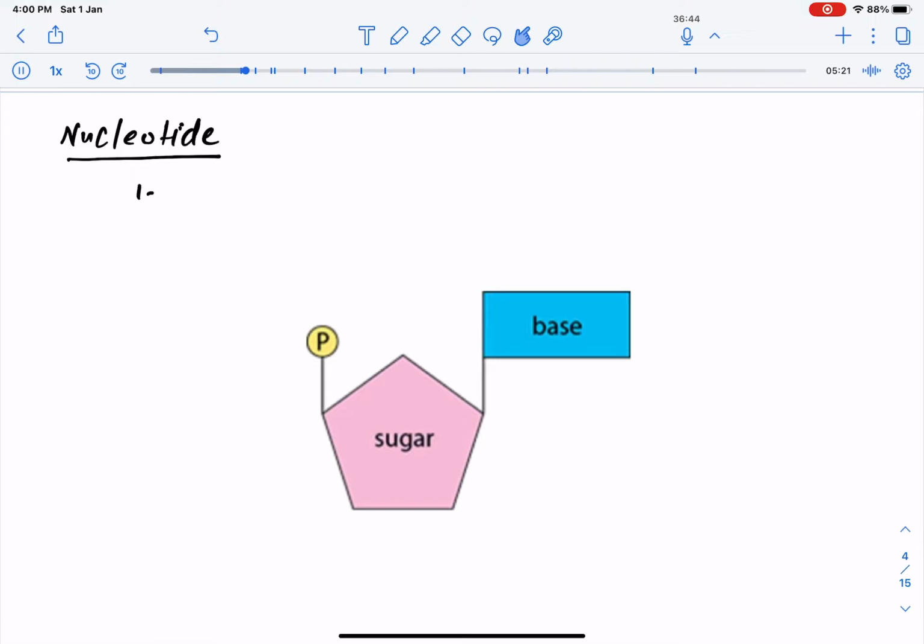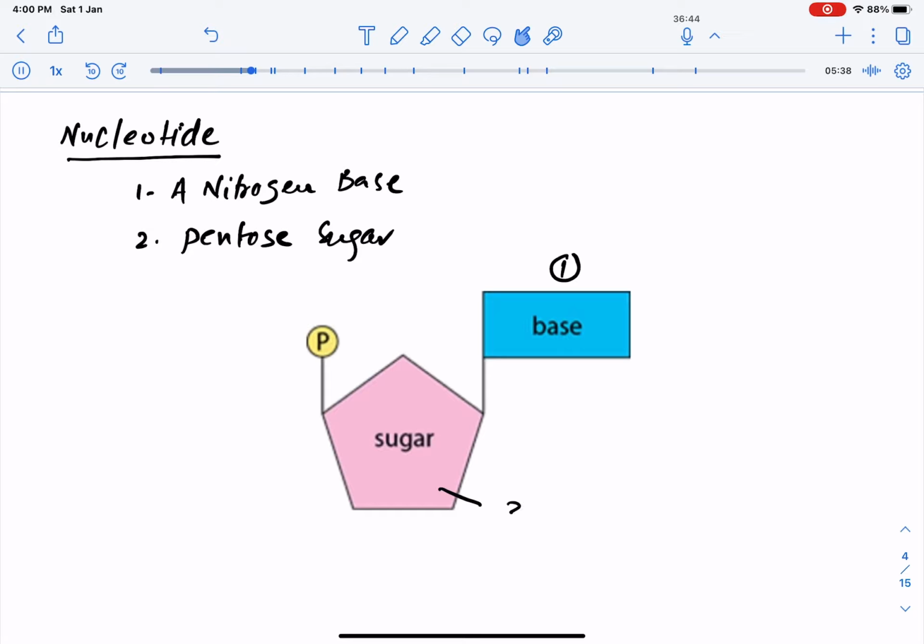It has a nitrogen base, it has a pentose sugar, and a phosphate group, joined together by covalent bonding.